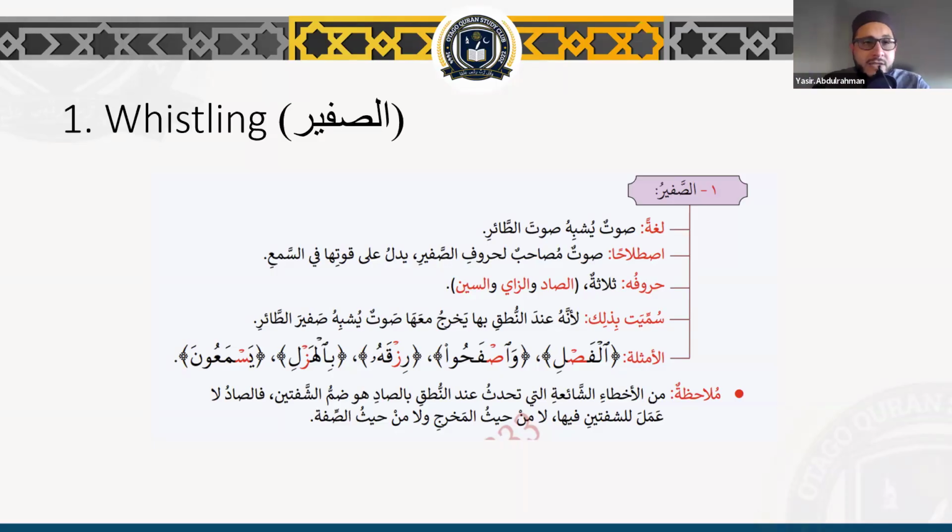That has no basis, because the articulation point of the sad has nothing to do with the lips. Even from the words of Dr. Ayman Suwaid when he was explaining his book, he said most probably this came from one of the students who was blind, so he was just listening to the sad and thought this is how you pronounce it.